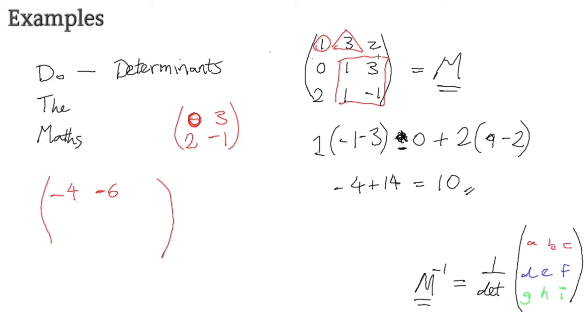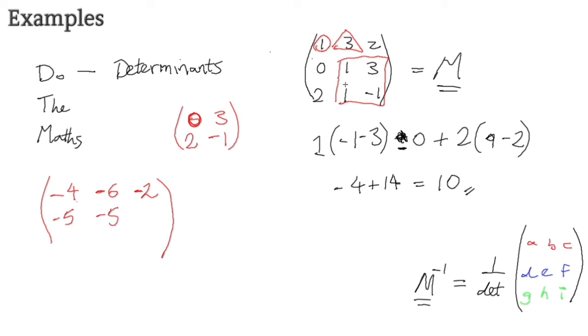Then for 2, I take the determinant of 0, 1, 2, 1. That's 0 minus 2, so I've got just minus 2. We keep doing this. For 0, we have 3, minus 1, 1, 2. So 3 times minus 1 is minus 3, take 2 is minus 5. Then for 1, which is just the outer corners, 1 times minus 1, take 4 is minus 5 again.